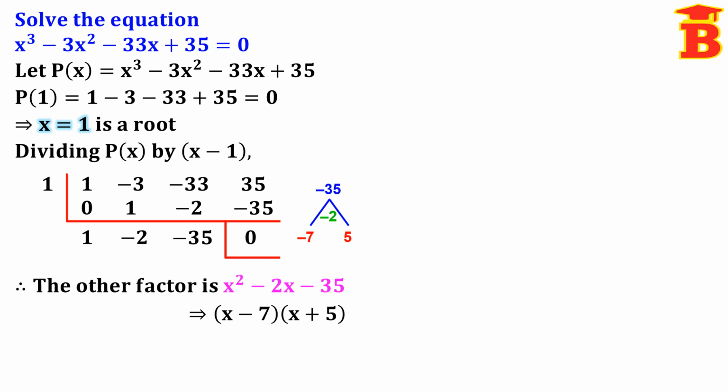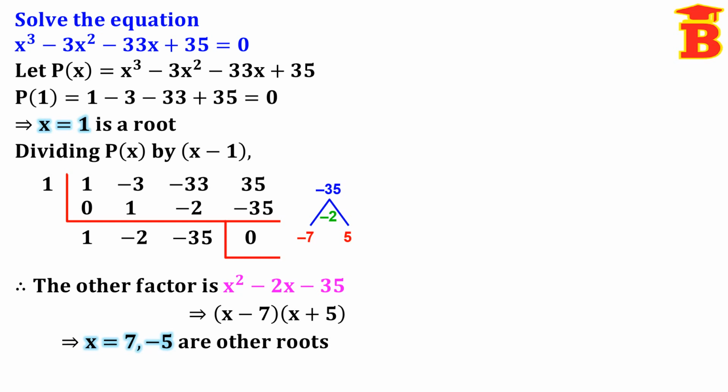The product is minus 35 and the sum is minus 2. So the two numbers are minus 7 and plus 5. So we get the factors x minus 7 into x plus 5. This implies x is equal to plus 7 and x is equal to minus 5.